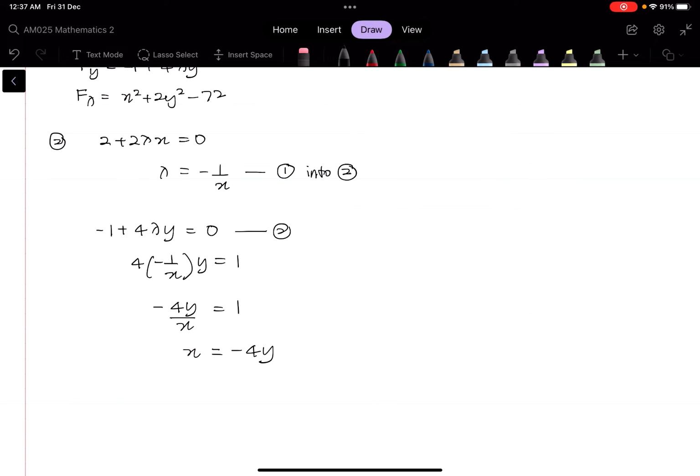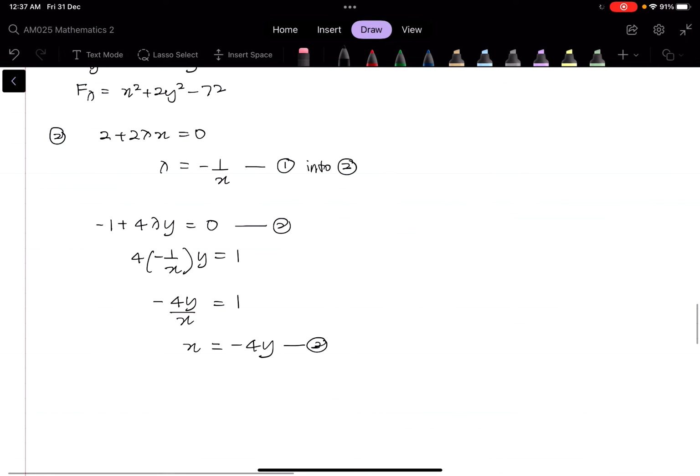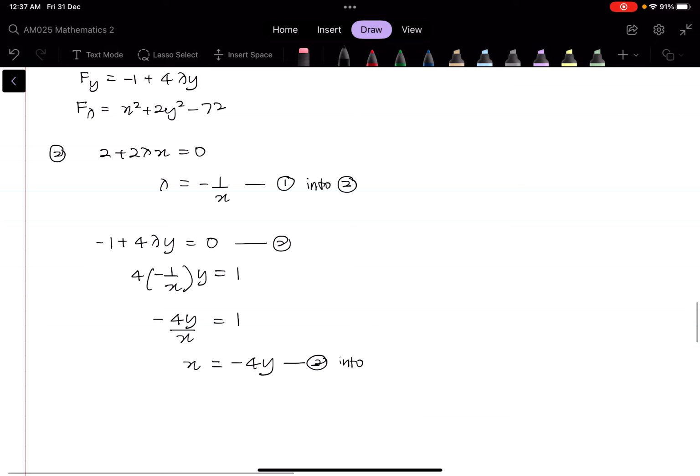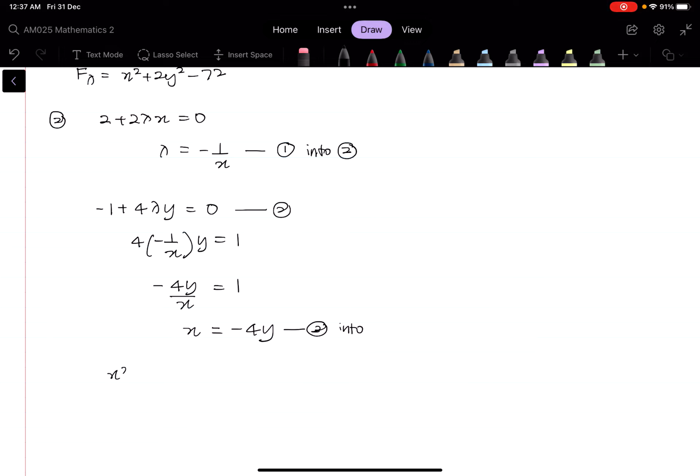So next I'm going to use this to substitute into the third equation, which we equate with 0. So x squared plus 2y squared minus 72 equals 0. Let's say this is the fourth equation. So I'm going to substitute my third into my fourth equation.